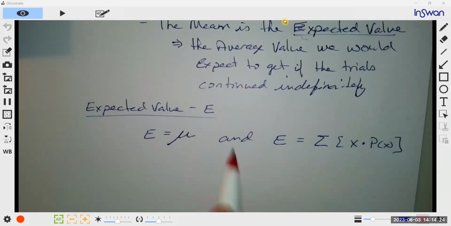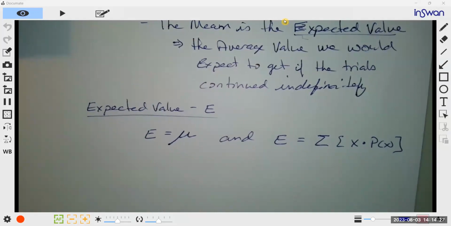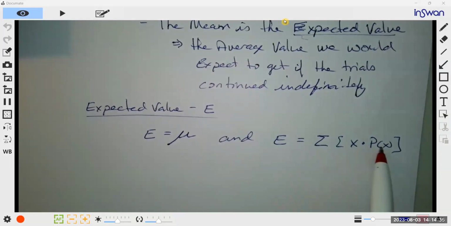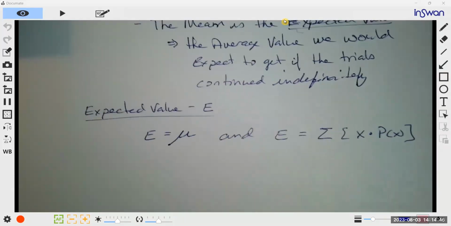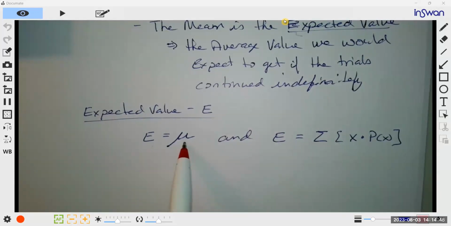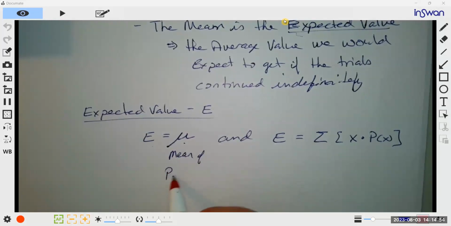That's your formula for it. But remember, that's the formula for the mean. And because of this, if your x's are integers, your answer may not be an integer because the probabilities may be decimals. So the expected value is the mu. The mu is the mean of the population. And the formula for that is x times the probability of x, add them all up.